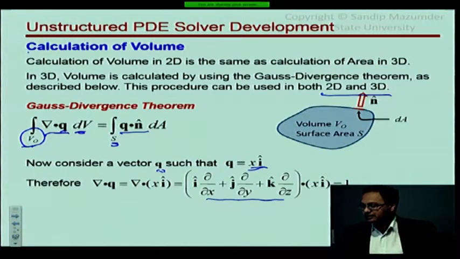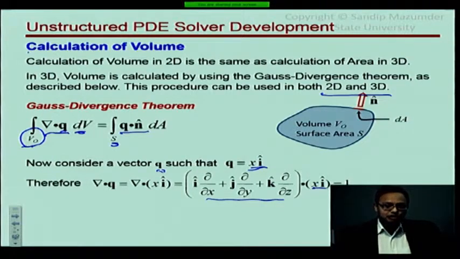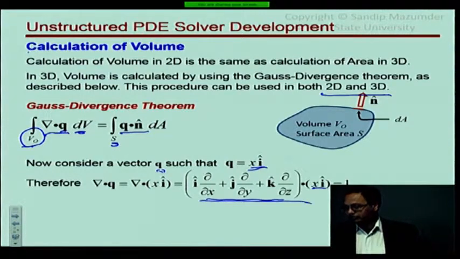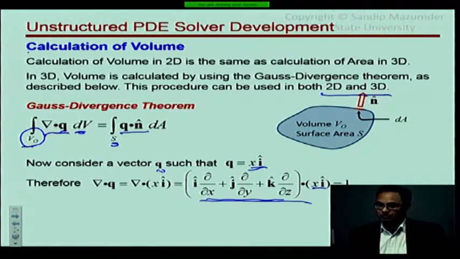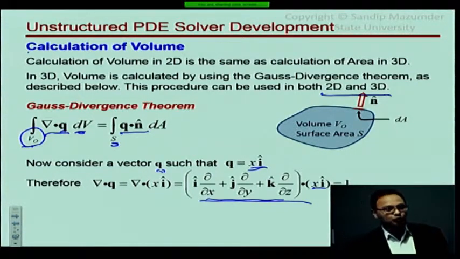I dot it with x times i. That gives me basically i dot i times differential of x, which is 1. So the answer to this is 1, because j dot i and k dot i will give me 0. So if my q is x times i, then the divergence of q is 1.